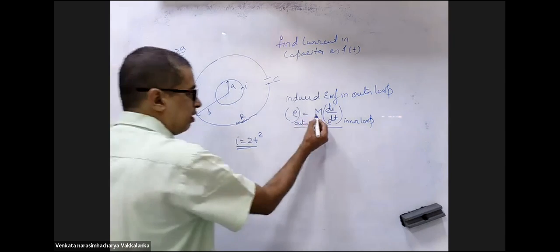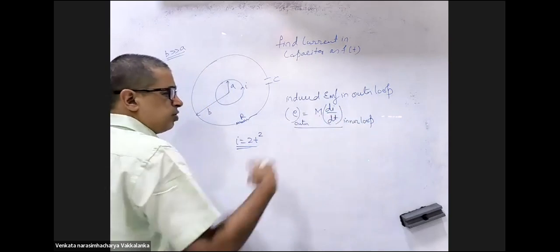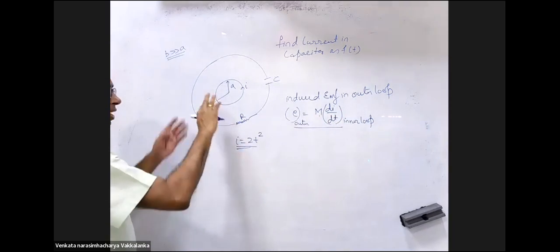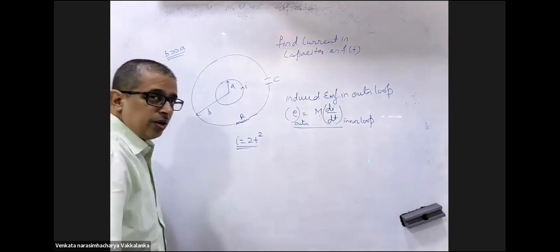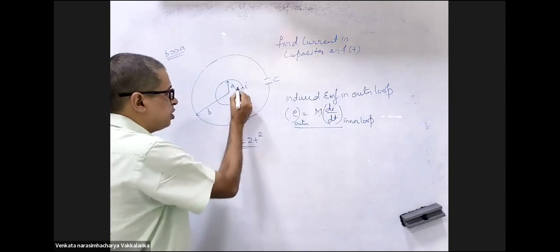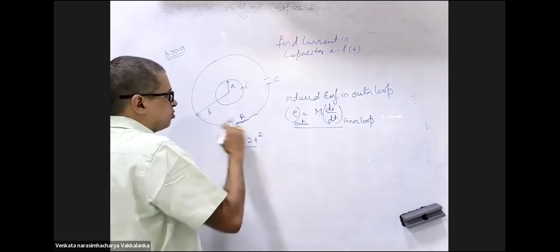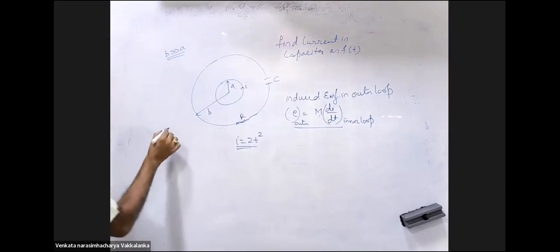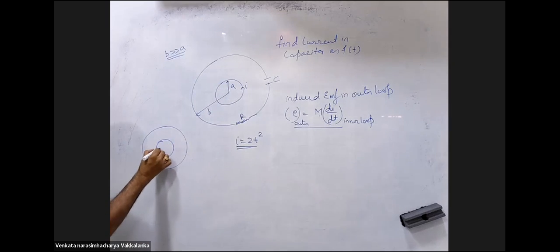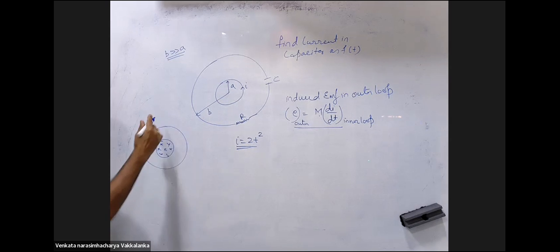Now, if you can tell me capital M, my job is done. How do I take capital M? I do the reverse. For capital M, M12 is equal to M21. I am not in a position to take the current and find out the flux through the outer loop, unless the magnetic field is constant here. You give me a circular loop and a uniform magnetic field, and smartly I can find out the induced EMF in the outer loop.